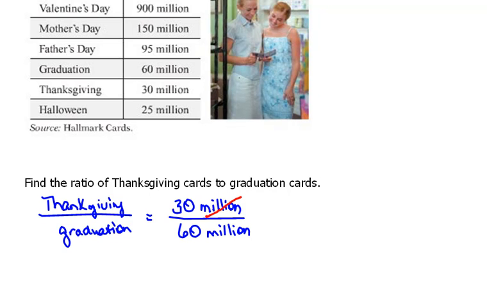Since we have million on top and million on bottom, we could divide by 1,000,000, which will cancel that out. And now we can continue reducing down our fraction because 30 will go into 30 one time and it'll go into 60 2 times. So as a reduced ratio, that would be 1 to 2, or 1/2.